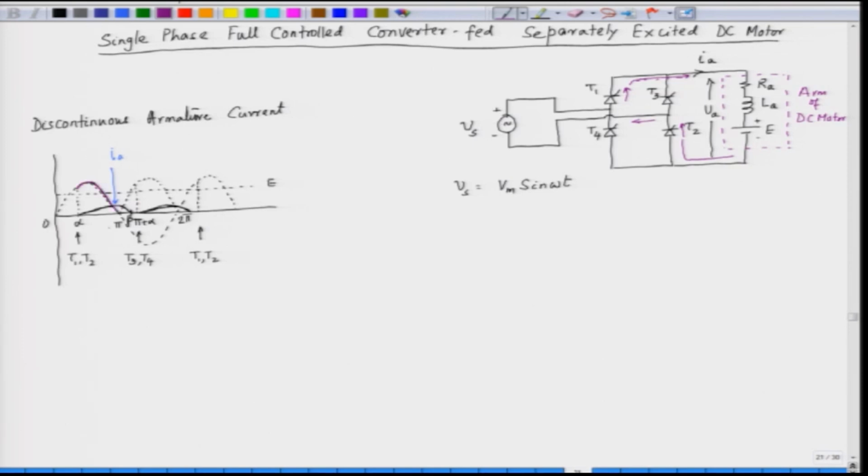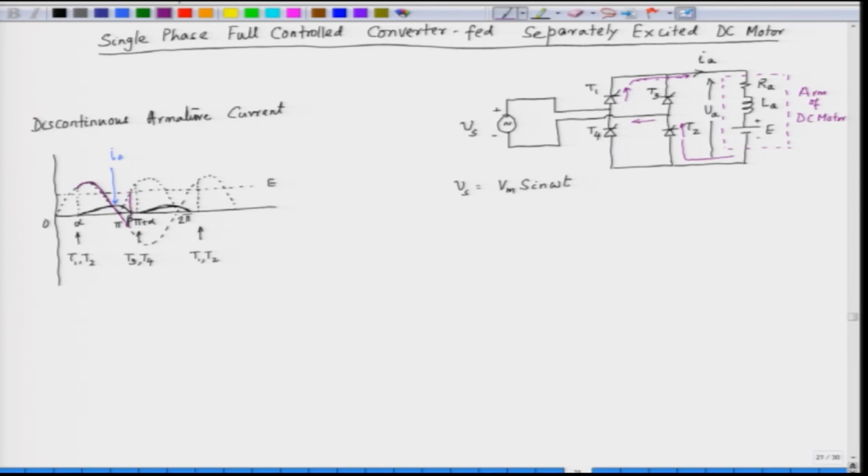At omega t equal to pi, it still continues, because the current continues to flow beyond omega t equal to pi. So, we have continuity of current, and the current only comes down to 0 at beta. So, the current flows till beta, and output VA is the same as the input, that is Vs. Now, at beta the current comes down to 0.